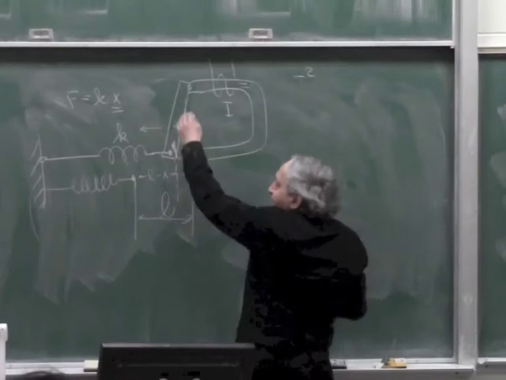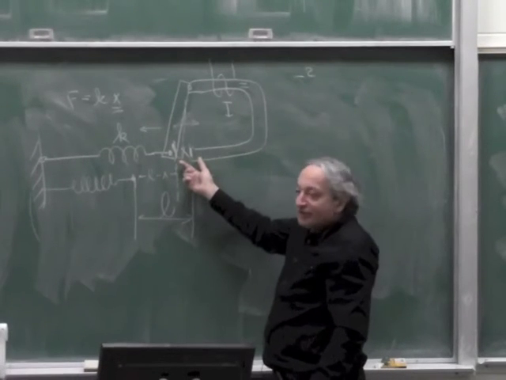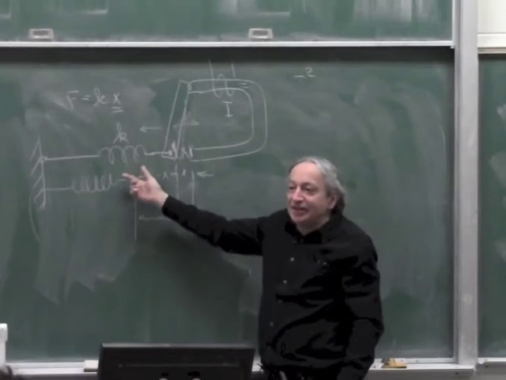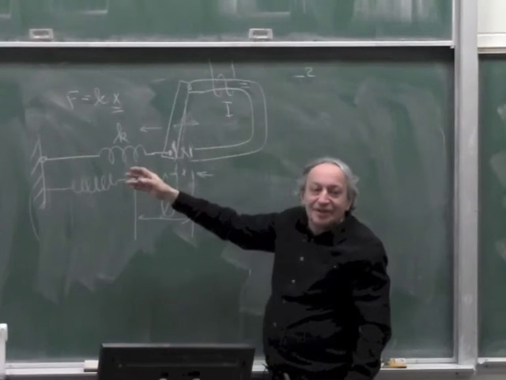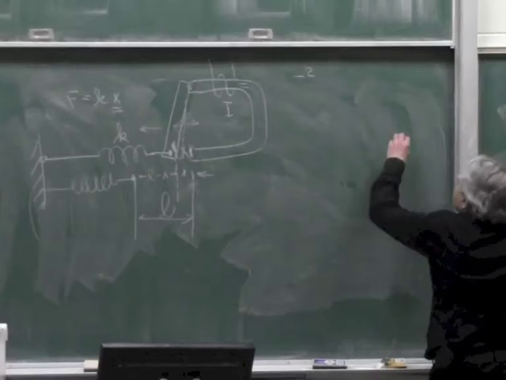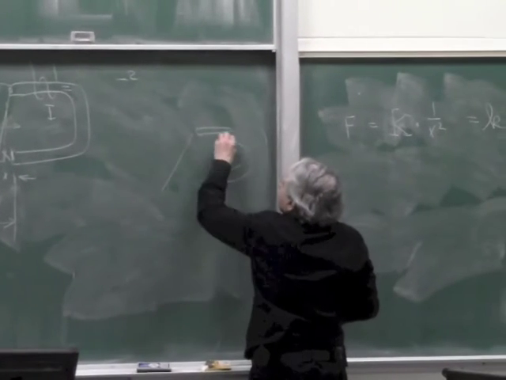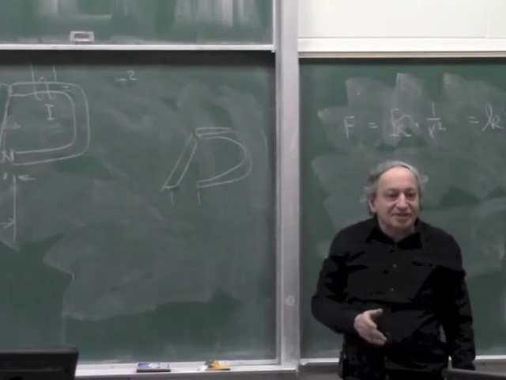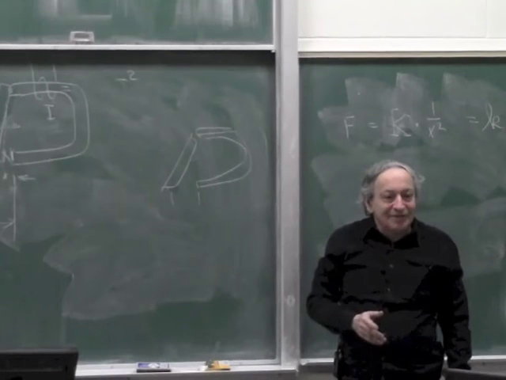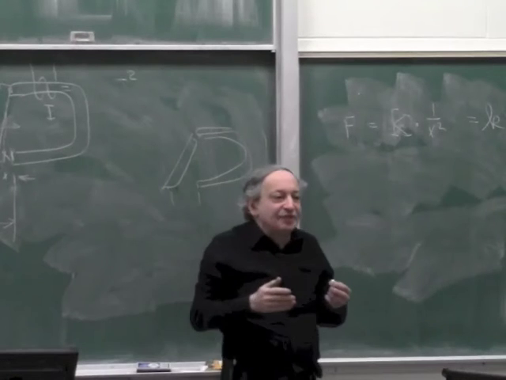Because even if it doesn't snap, it's still true that this force is an inverse square law, and this is linear. So why doesn't it snap right away? When it's fully open like this, this force is still inverse square law, but it doesn't snap. But at some point it snaps. So what's the difference?